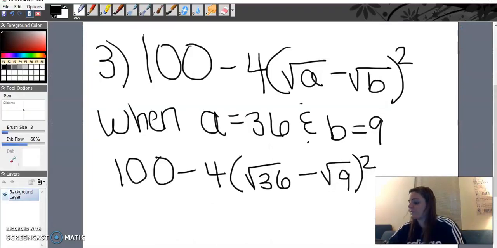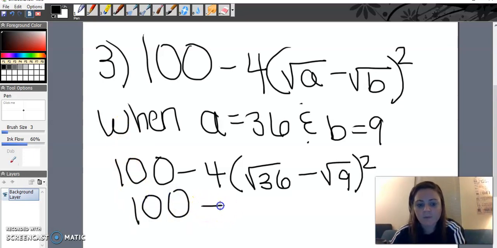Now, I know what the square root of 36 is. So I'm going to go ahead and just do this problem for us. The square root of 36 is 6, and the square root of 9 is 3. So 6 minus 3 squared.